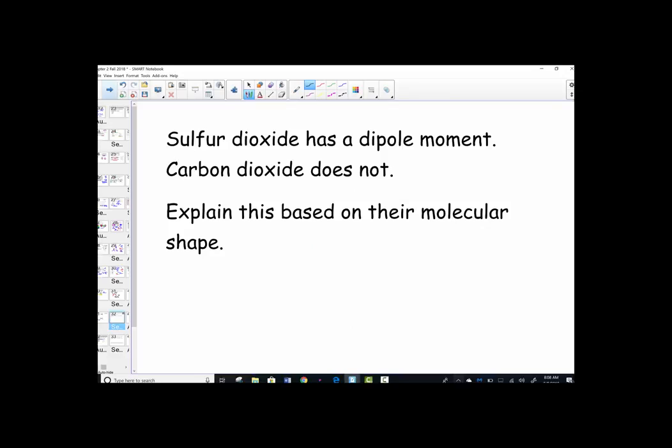Sulfur dioxide has a dipole moment. Carbon dioxide does not. Based on the molecular structure, tell me why. So remember, carbon and sulfur each contribute a different number of electrons to the structure overall. So SO2 has 18 total electrons.